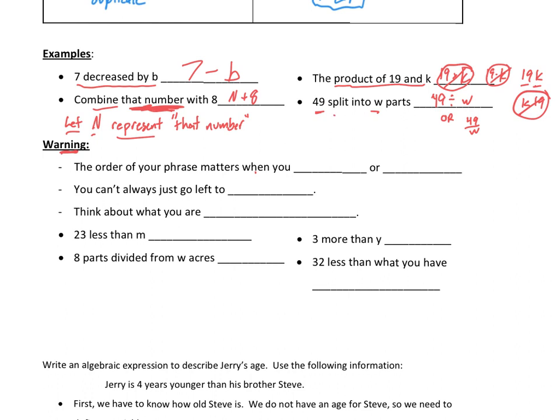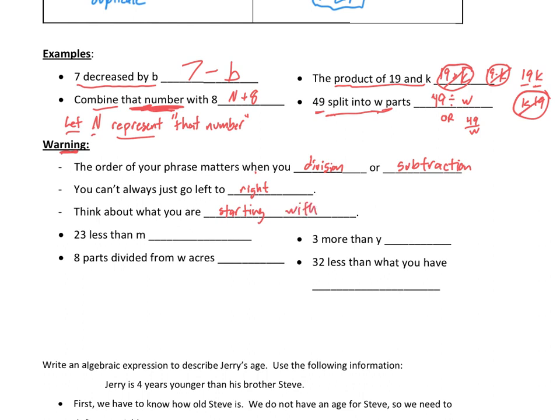Well, we already said when you do division. And the other operation that it matters with is subtraction. With adding or multiplying, you can use either order. I guess I should have written divide and subtract. You can't always just go left to right. Think about what you are starting with. Whatever you start with, you write first.